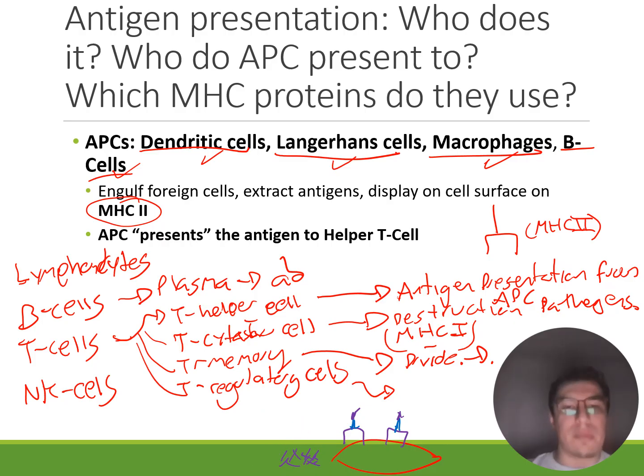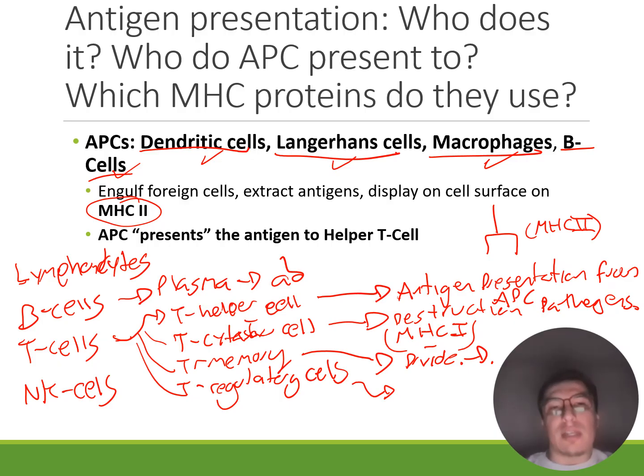So from this, I want you to take away a couple of things. One, immunity can be innate or it can be adaptive. In the adaptive, we're creating specific immune responses to attack specific pathogens. The fact that we have specific immune responses to a specific pathogen doesn't mean that we have a response to all of the different pathogens. We have to learn them first. We have to learn what they look like. How do we learn what they look like?